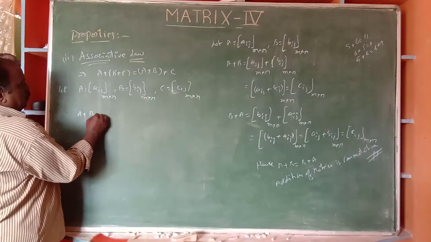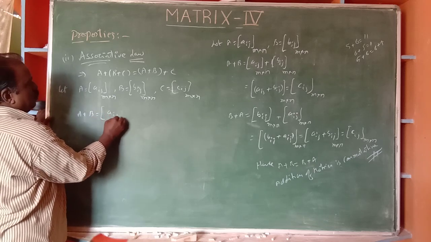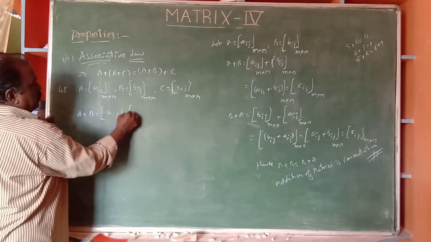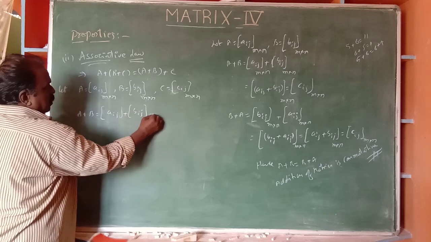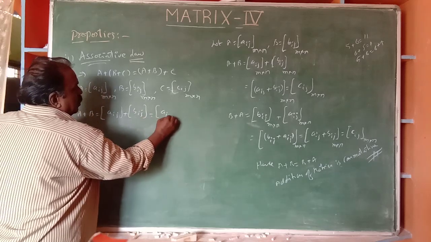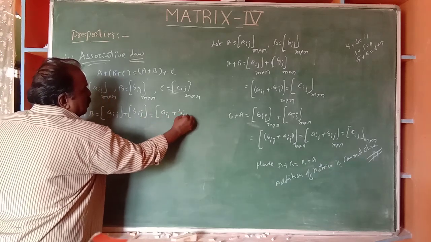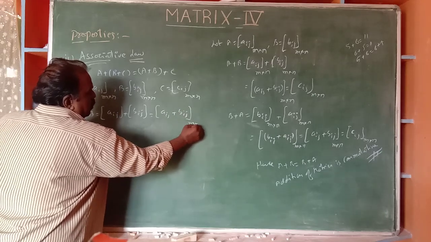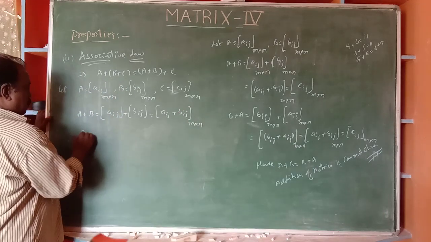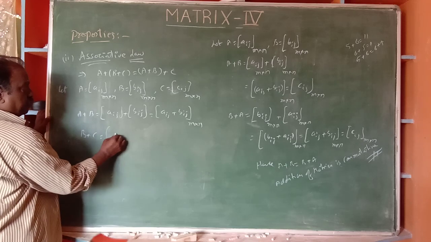Then only we can sum the matrices. Then A plus B, how much? Aij plus Bij, M by N. What is B plus C?